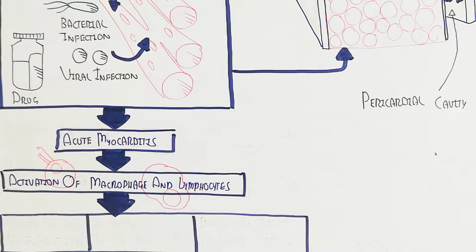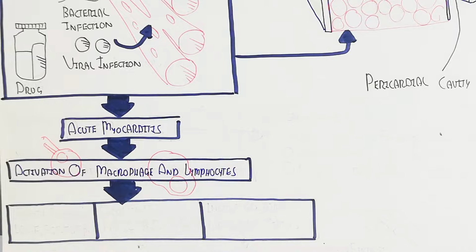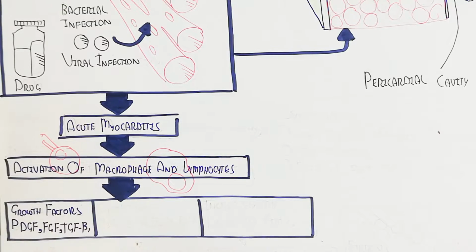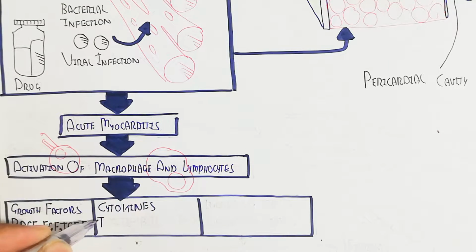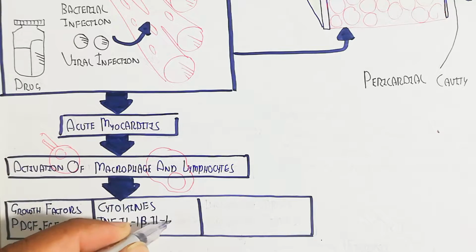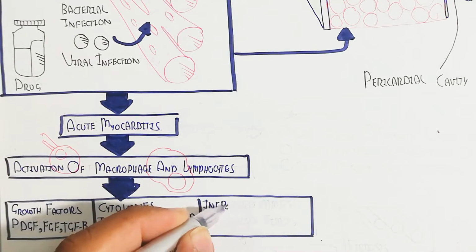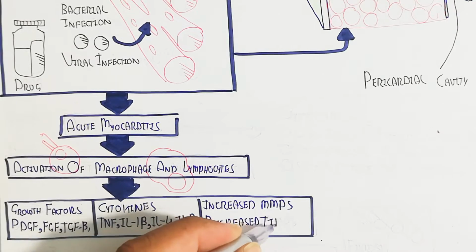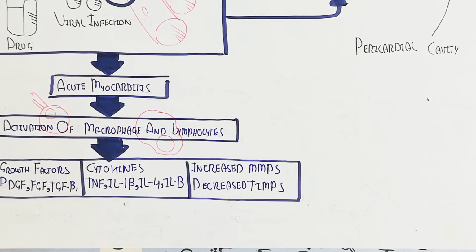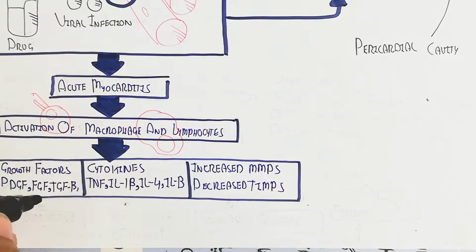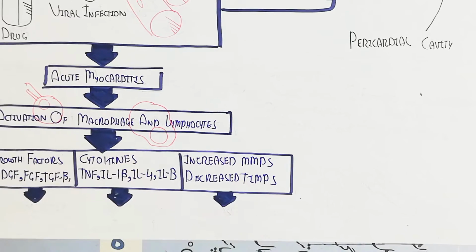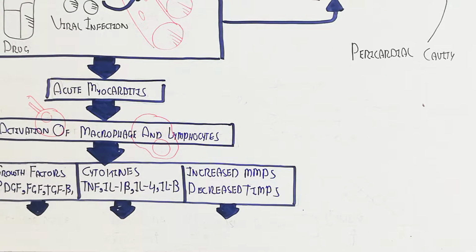So in this way, macrophages and lymphocytes are activated. The innate and adaptive immune response activation will lead to growth factors, PDGF, fibroblast growth factor, and transforming growth factor beta 1 being activated, and cytokines are also released, like tumor necrosis factor and interleukin 1 beta, 4 and 13. These are basically used for remodeling, while the growth factor increases fibroblast activation.